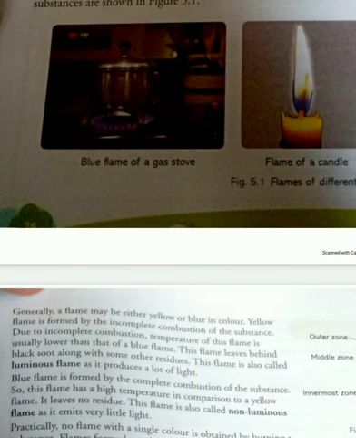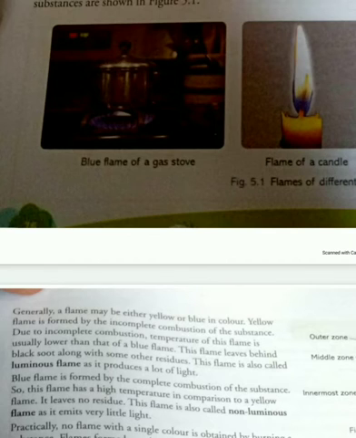What is flame? The visible gaseous part of fire is called flame. I repeat once again. What is flame? The visible gaseous part of fire is called flame. It is the region where combustion of fuel takes place, and it depends upon the supply of oxygen, the nature of the substance, as well as temperature.